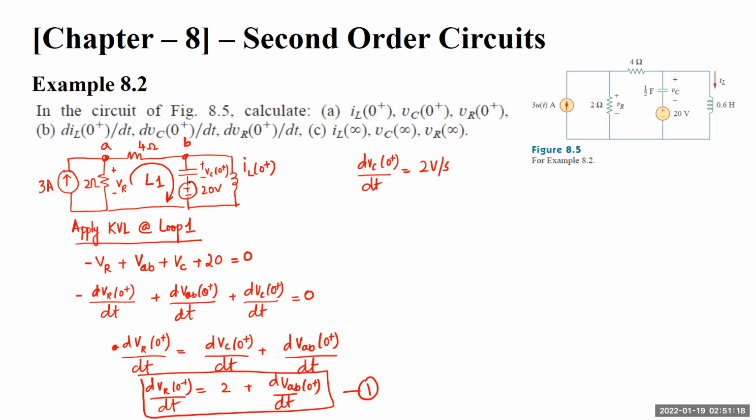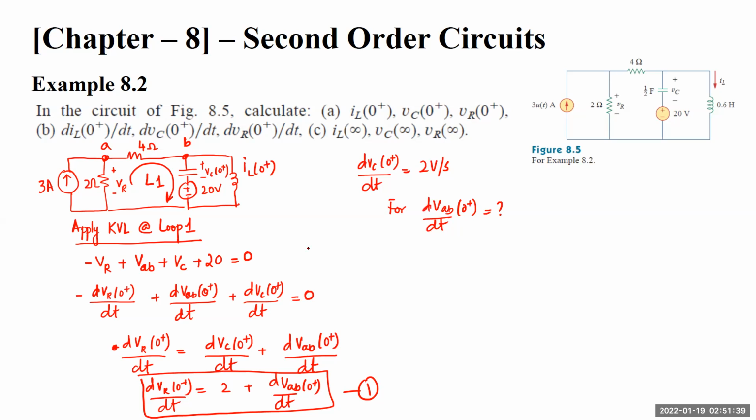Now we have to develop an equation for d times VAB by dt 0 positive.